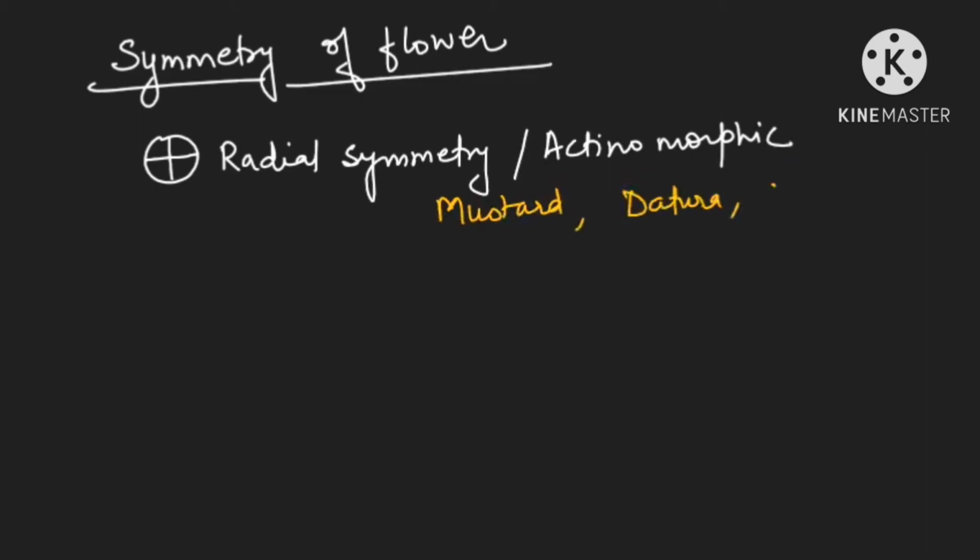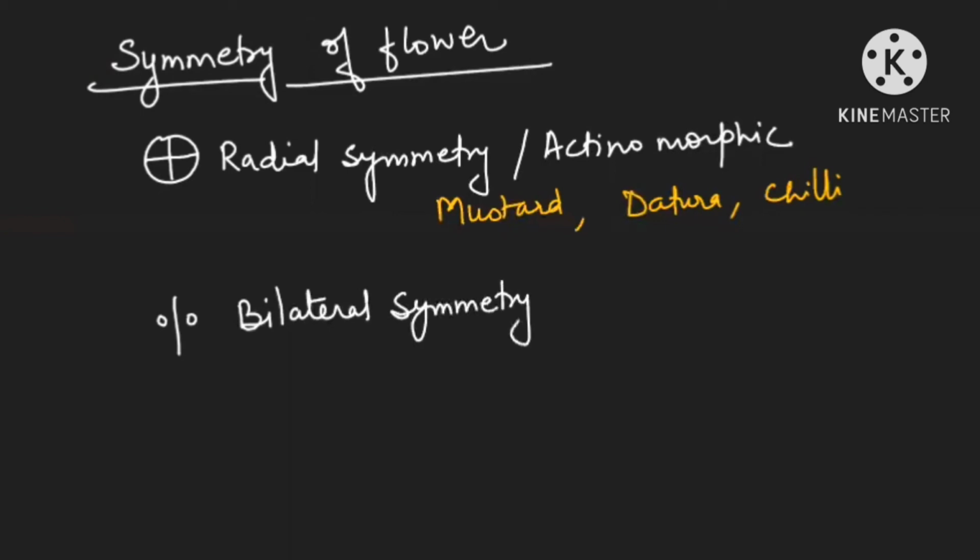Now, if the flower can be cut into two equal halves in only one plane passing through the center, then this type of symmetry is known as bilateral symmetry. Bilateral symmetry is also known as zygomorphic. Examples of zygomorphic are pea, bean, gulmohar.